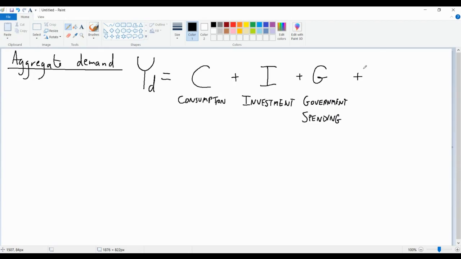Aside from consumers, firms, producers, and the government, who else might buy goods made here over a particular period of time? People abroad. So we'll need to account for the possibility of exports.